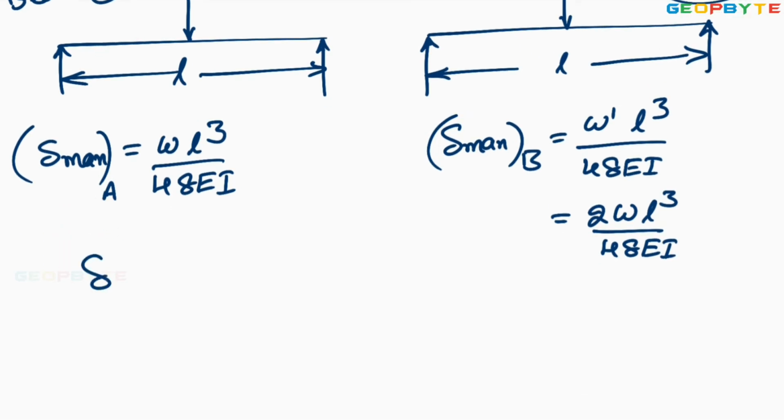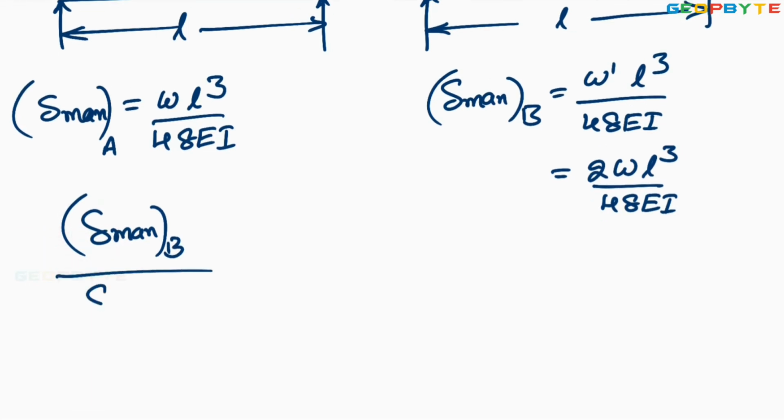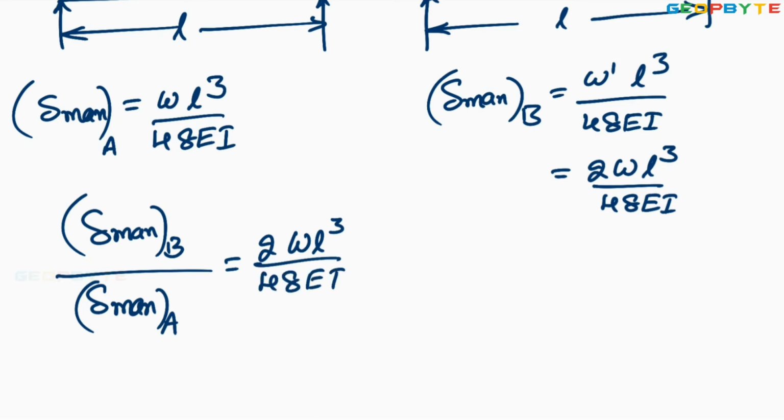Now, delta max for the B by delta max for the A is equal to 2W L cube by 48 EI divided by W L cube by 48 EI.